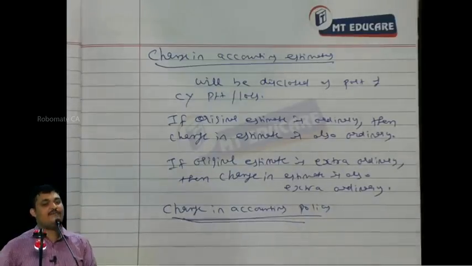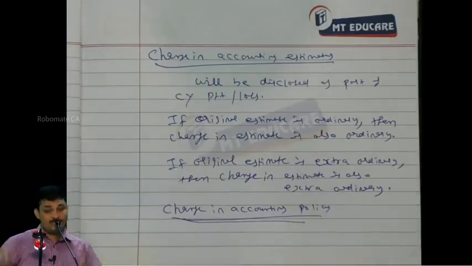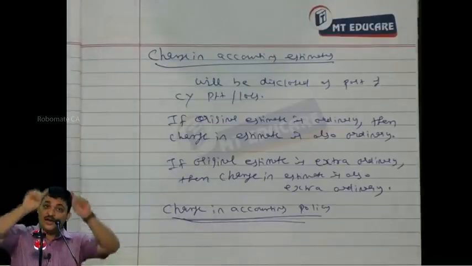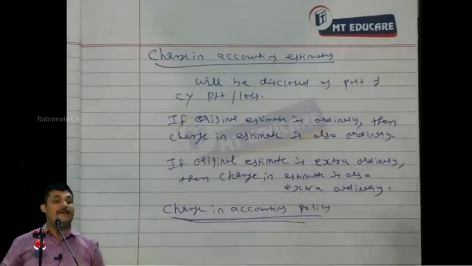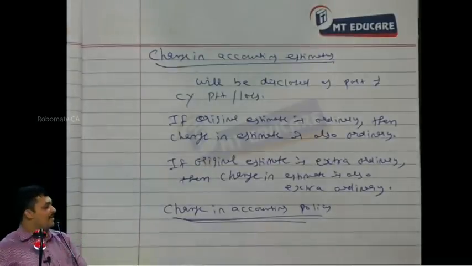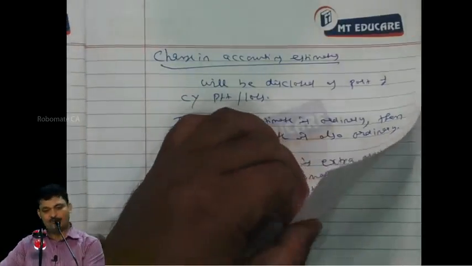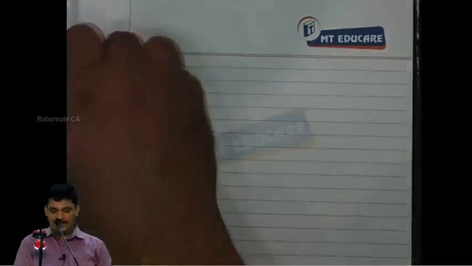No, it is the current year only you will be booking, but it is exceptional. Because that much salary is charged in the current year, the profit of the current year will be diminished. So if you highlight that, then the reader will appreciate better. That is called exceptional items. Could you appreciate that? So these are the various components of AS5. Understood? That way we are putting it into AS5.